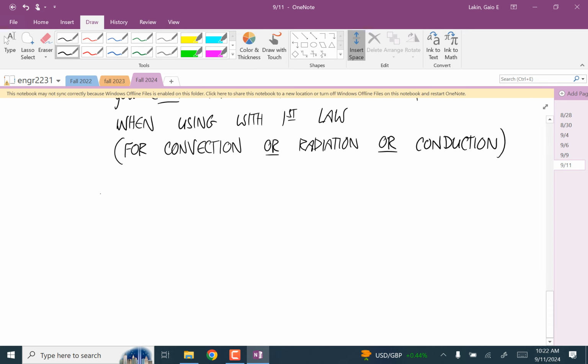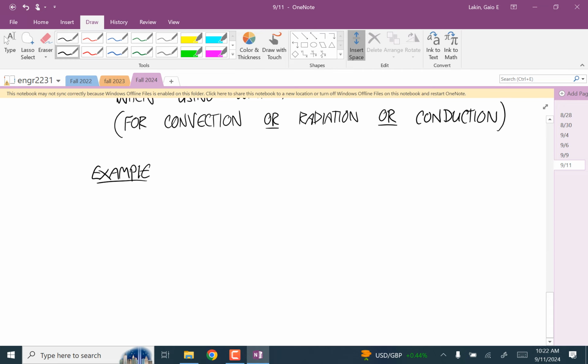All right, so let's do a couple examples. Let's say we have a gearbox. So that's one gear. I'm not going to draw the teeth. And it's connected to another gear.